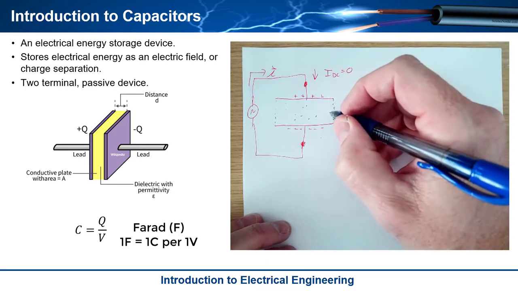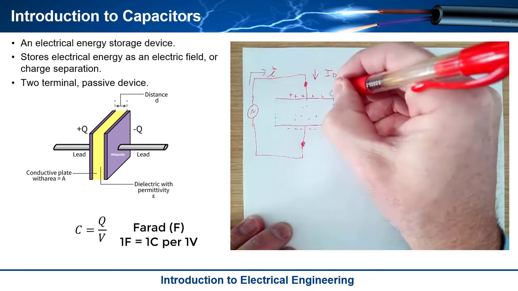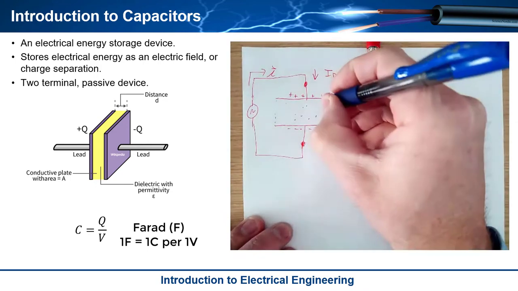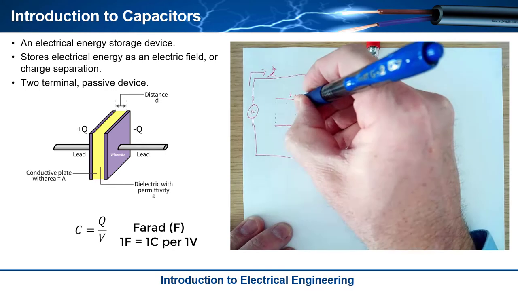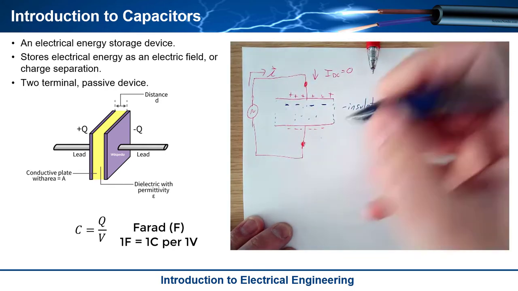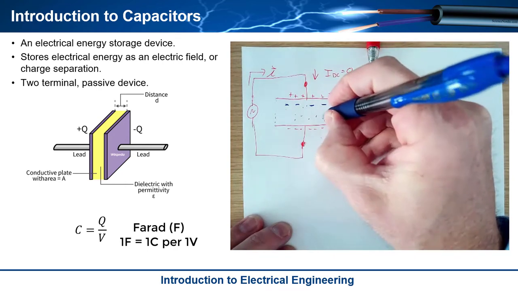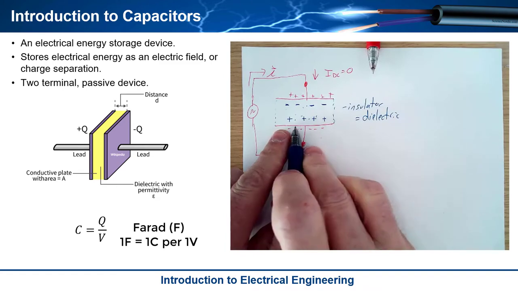Opposite charges attract, so as you start building up positive charge on this plate, the negative charge within the dielectric, or the insulator, starts moving over toward this barrier. Similarly, when you put the negative charge down here, the positive charge within this insulator starts being pulled down here.